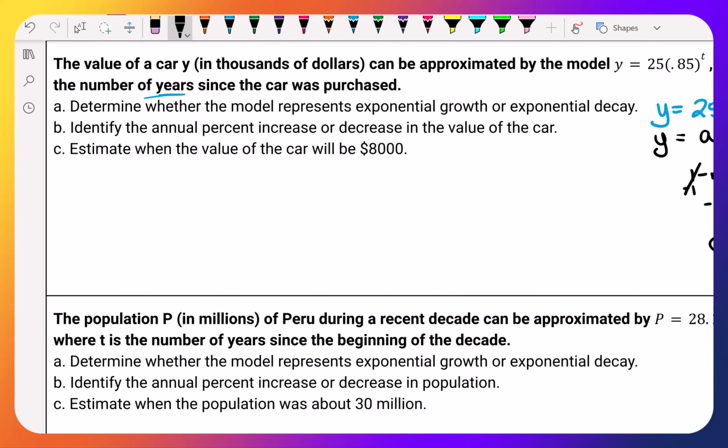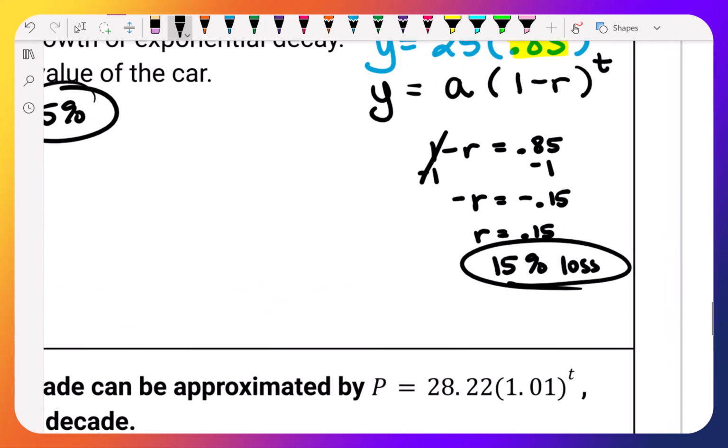So it says identify the annual percent increase or decrease. So this is going to be a decrease, and it is a decrease of 15%. If you put a decrease of 85%, it is incorrect. So just be really careful. Now, if you don't want to use the 1 minus r thing, you have to reason it out in your head. You have to think, what minus 1 gives you 0.85?